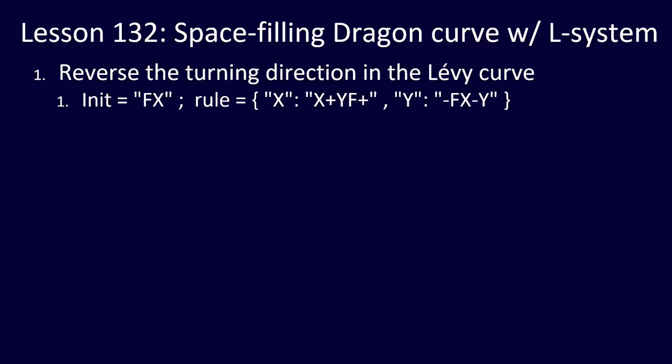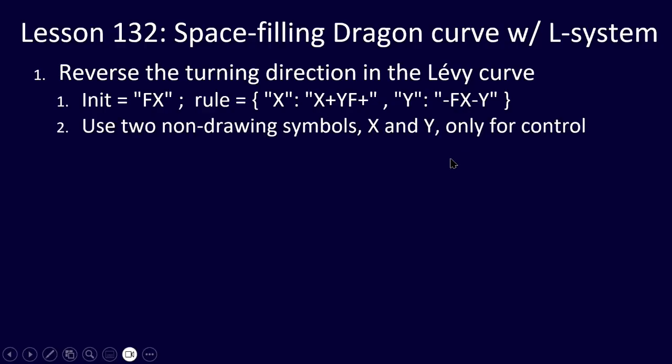But it's simple, just follow the rule. Init is FX, and here the rules are for X and Y. Here, X and Y are used as non-drawing symbols, only for control, to memorize the state.